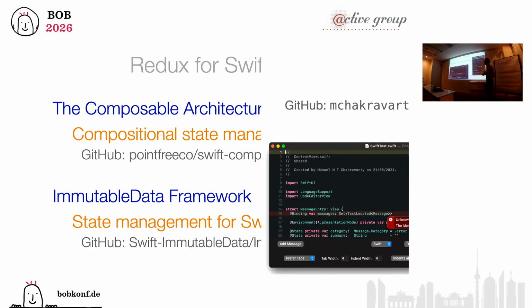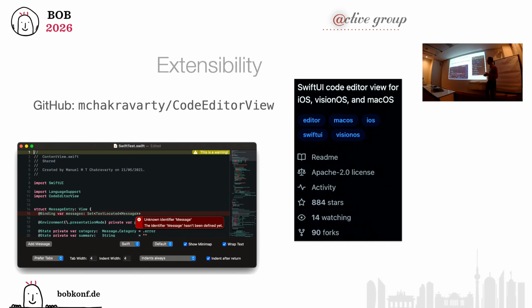But for extensibility, for my IDE, I actually have a SwiftUI view, one of these structs, which implements a code editor. That implements a new view, and it's a rather complex one, and it has a lot of local state. It ties into a lot of existing infrastructure in iOS and macOS, and this is absolutely doable in SwiftUI and well supported. So I think the extensibility is also covered.